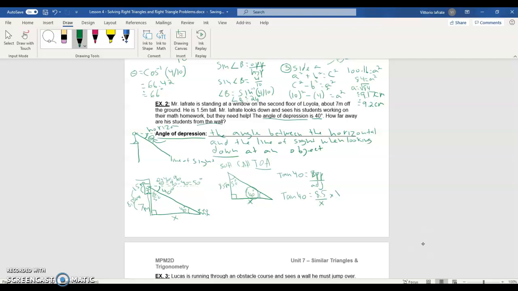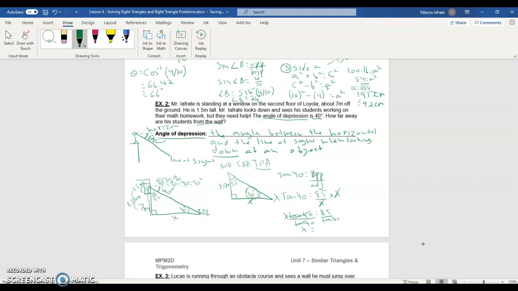We can multiply both sides by x, crosses x out here, and we get x tan 40 is equal to 8.5, and then we can divide both sides by tan 40 to find our x value.